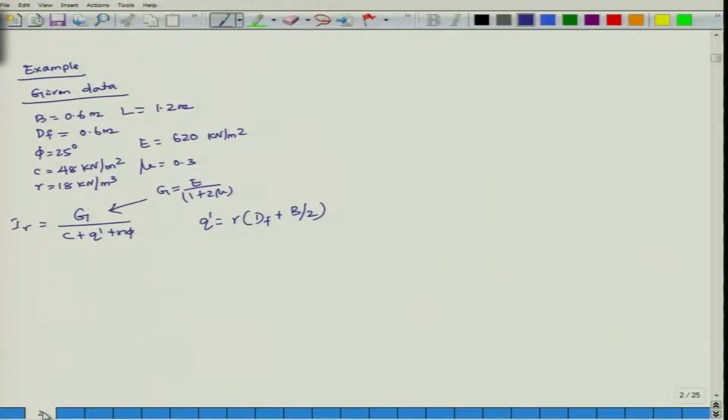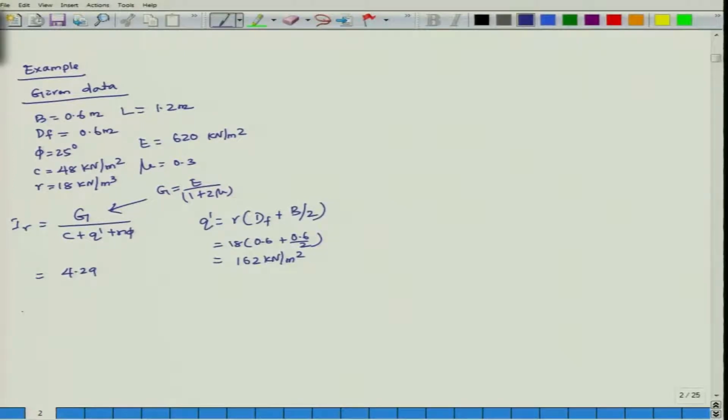So, from there you find it should be 18 into 0.6 plus 0.6 by 2, which is equal to 162 kilonewton per meter square, and now IR you can calculate, which is equal to 4.29.